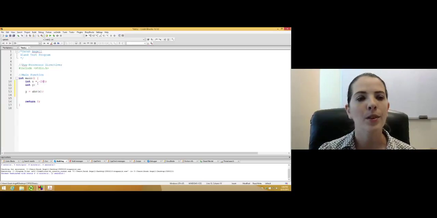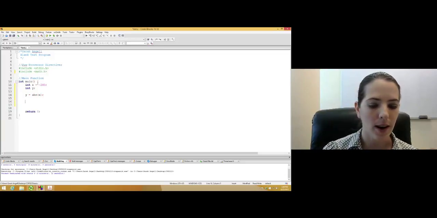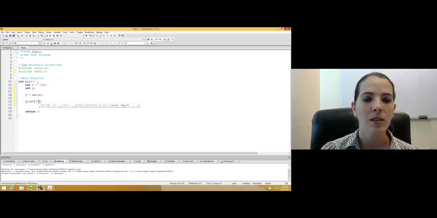So remember, absolute value is just distance from 0. So negative 240 is 240 spaces or integers from 0. If we include the math library and print out the value of y, then we should see positive 240 because x is currently negative 240.